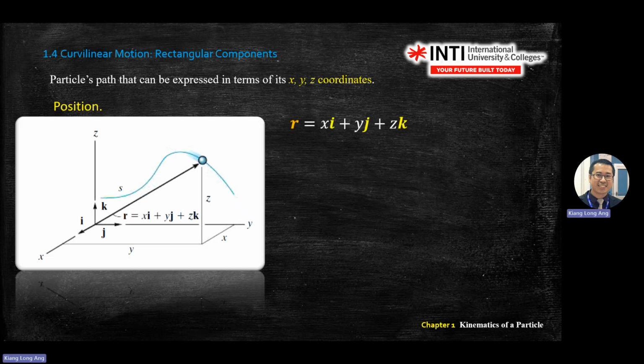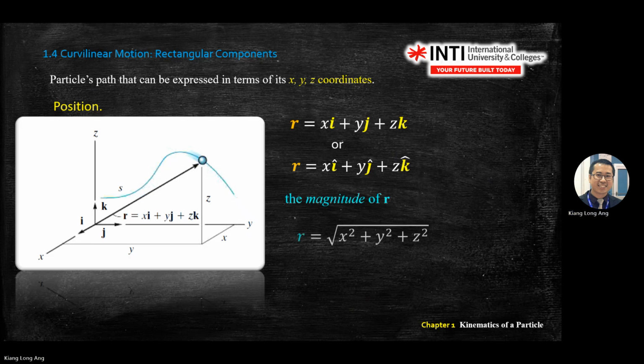So R you can write in vector form, X, Y, Z with I, J, K. There are different presentations. Some textbooks use bold with an arrow. In my slides, because I don't like to always repeat this, I use color or bold color in the next few slides.